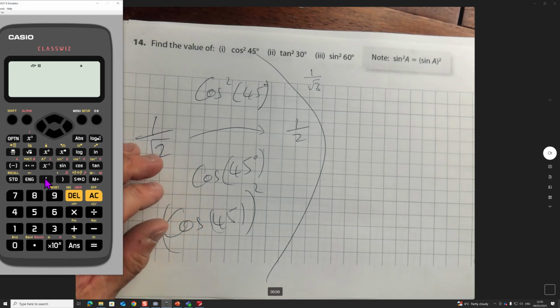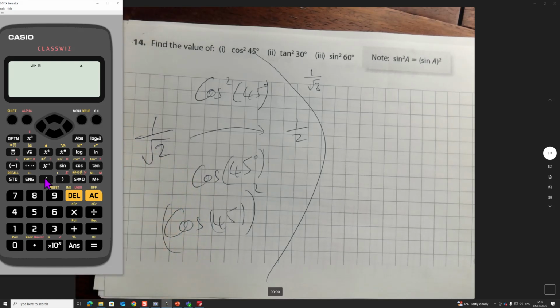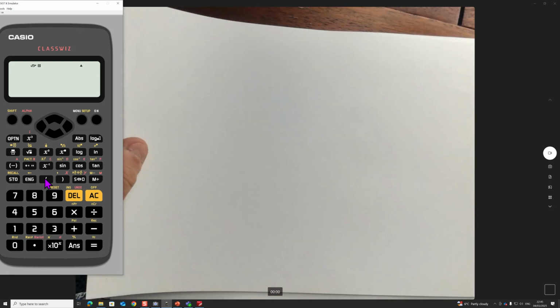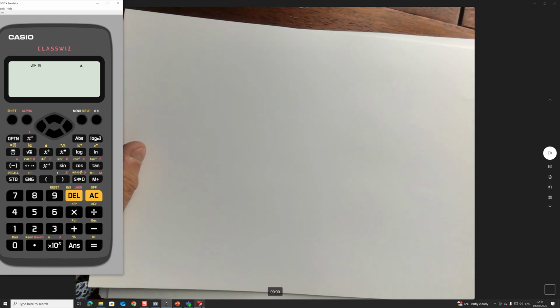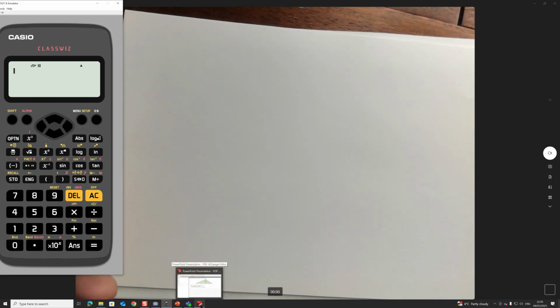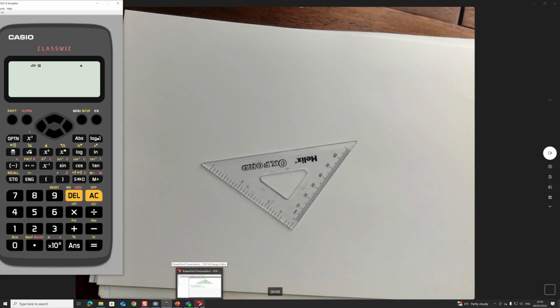Give me some paper. And I'm going to open up in front of us for a minute the log tables. Do I need to? I don't really need to. I need these two triangles.